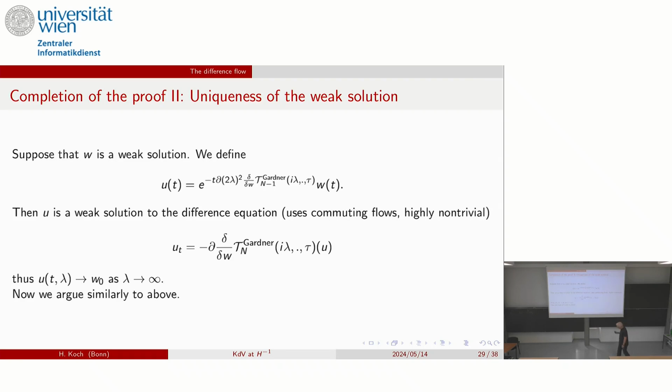Oh yeah, I wanted to say a bit more about that. So this is the difficult part, which I don't want to say much about, but I want to say a few things. Well, if you look at what you have to prove here, then one question is why should it be true?